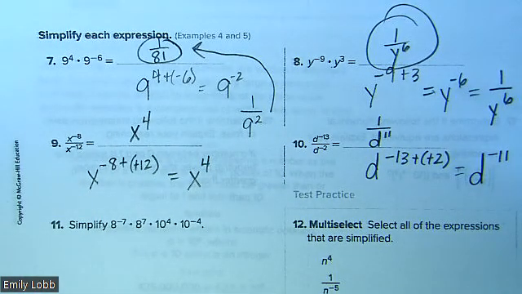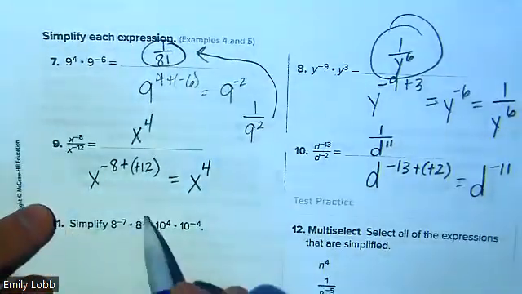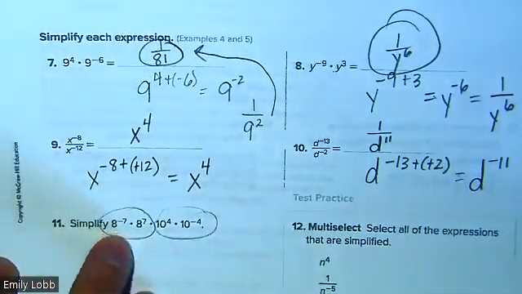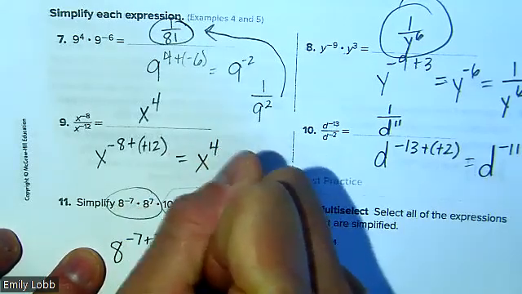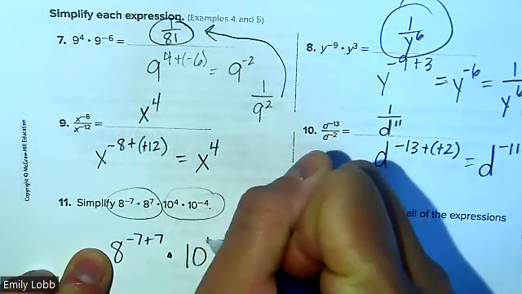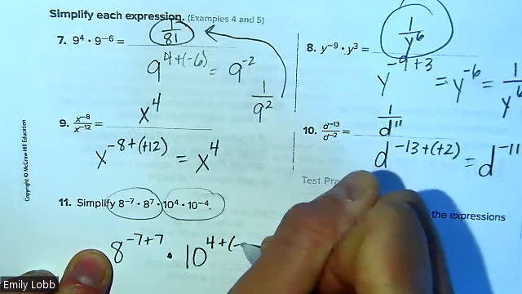Questions on 7 through 10? Those are just following the rules, following those same patterns. All right. Now, we're going to figure this out. Our product of powers rule says that we add them. So we have -7 plus 7 on our 8s, and we have 4 plus a -4.